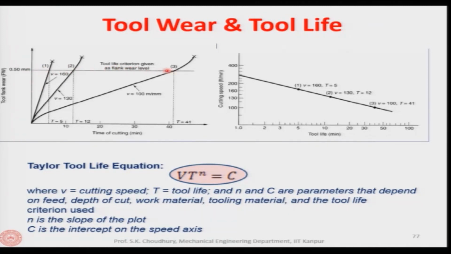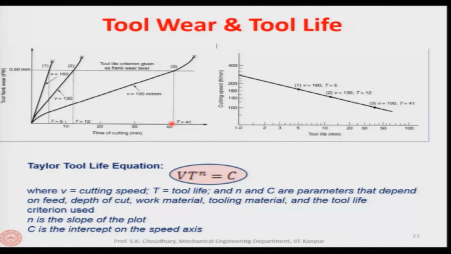So, if the line is drawn at 0.3 millimeter, we will know the life for each of these velocities, because the time of cutting can be taken as the tool life. For example, since it has reached this criterion of flank wear and we do not want the flank wear to grow beyond this point, the tool life will be this. For this speed of 130 meter per minute, the tool life will be this, and at this point the tool life will be this.